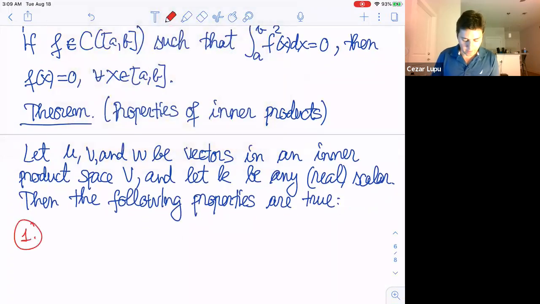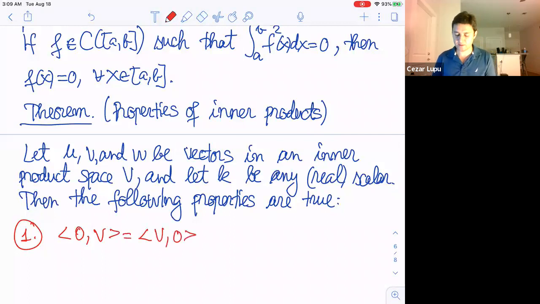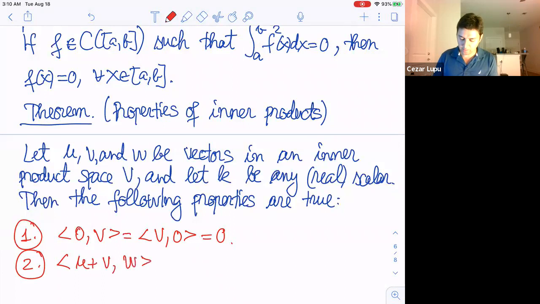The first one is the inner product between 0 and v. Since it's symmetric, it is the inner product between v and 0, and this will give you 0. Now the second one, the inner product between u plus v and w is the inner product between u and w plus the inner product between v and w.